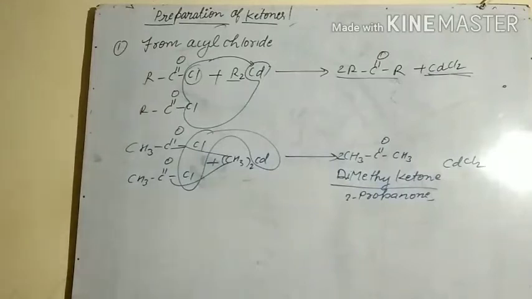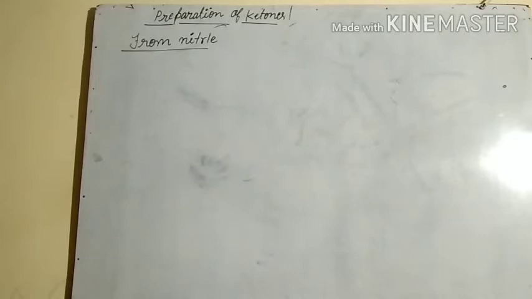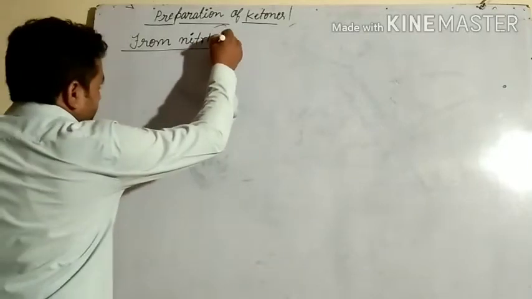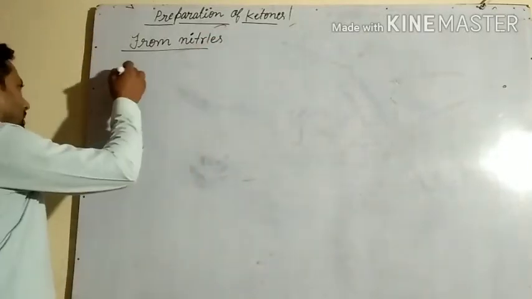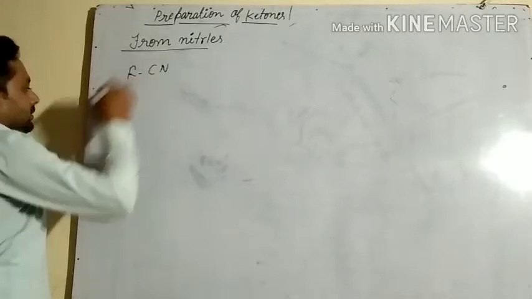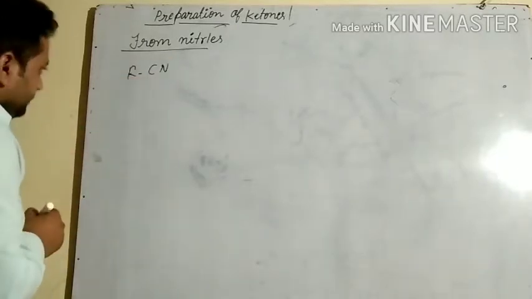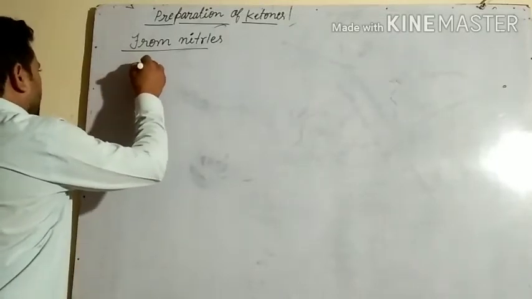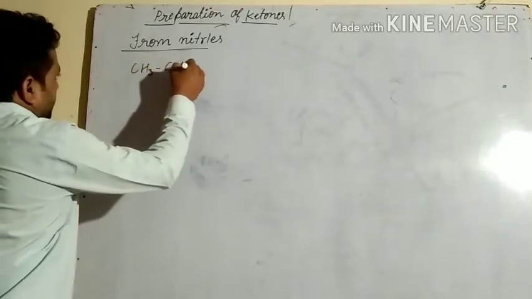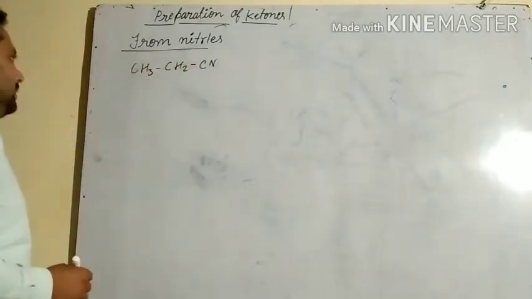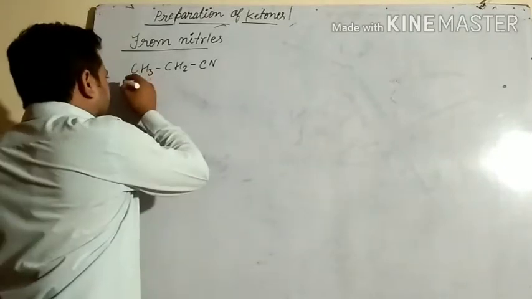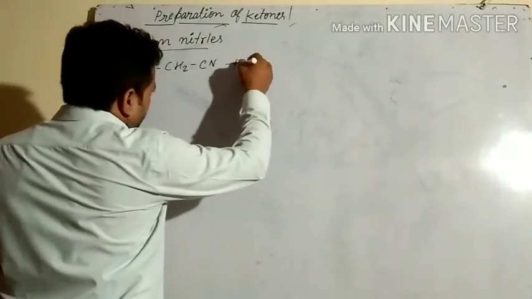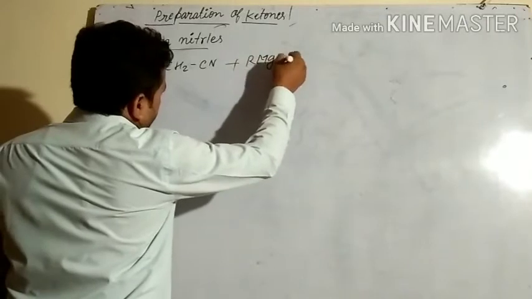Next is from nitriles. Okay. So we will take alkyl nitrile, RCN, or we can take CH3CH2CN, that is ethane nitrile. Ethane nitrile reacts with RMgX.